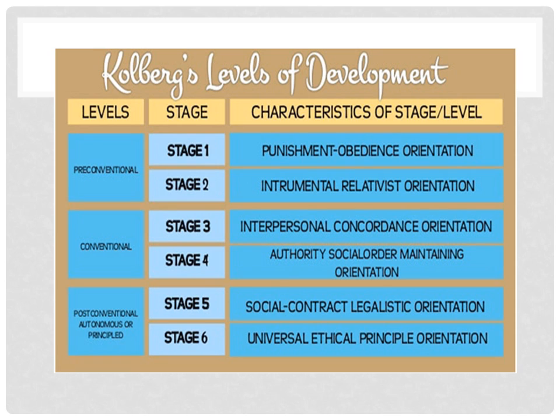That's why it's called instrumental relativist orientation. There are instruments that they have to follow, and if they do, they will get a reward. As you can see, the first stage focuses on punishment, so if they do not obey, they will receive a punishment. But in stage two, if they follow orders, they will get a reward.